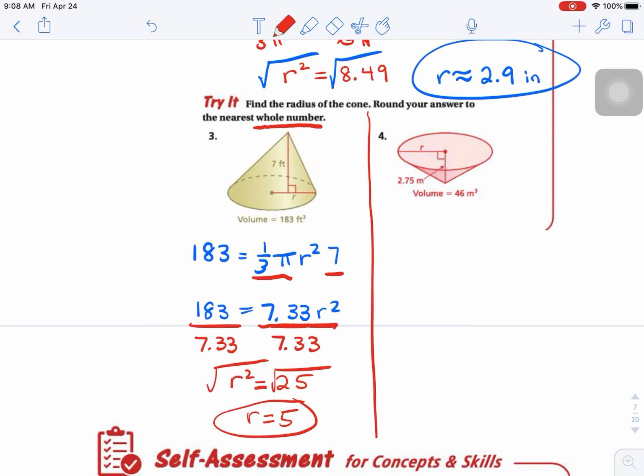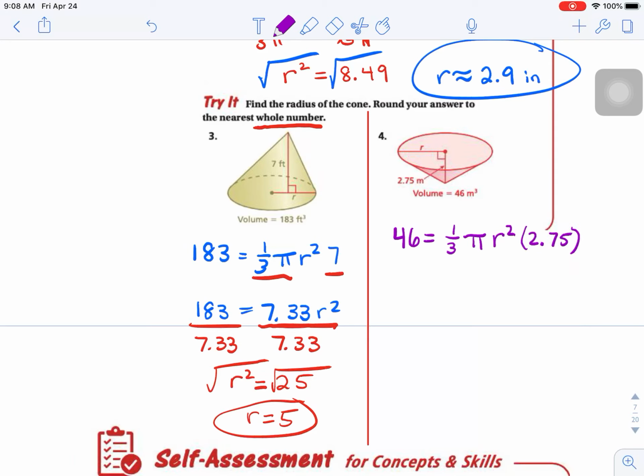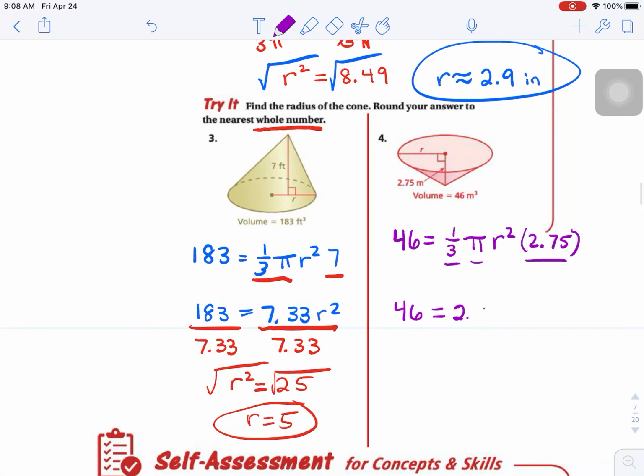Same idea here for number 4. Let me switch colors. So I get volume equals 1/3 pi r squared times the height. I'm going to multiply all three of those pieces together again: the 1/3, the pi, and the 2.75. So I get 46 equals 2.88 r squared.